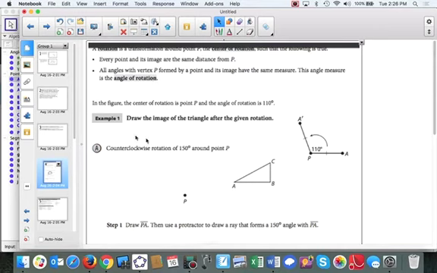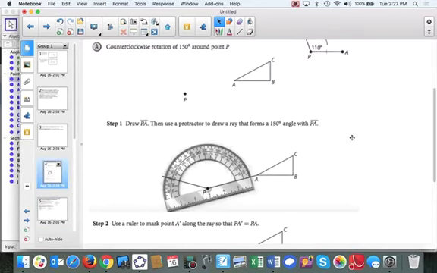So in example 1, part A, they're doing a counterclockwise rotation of 150 degrees of this triangle around the point P. The first thing they did is draw the segment PA.